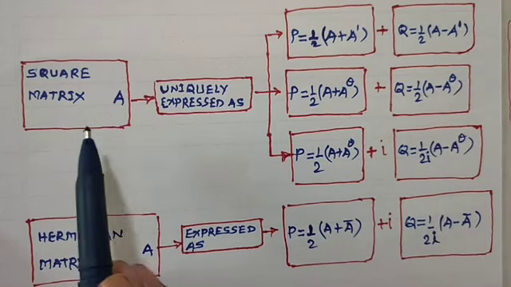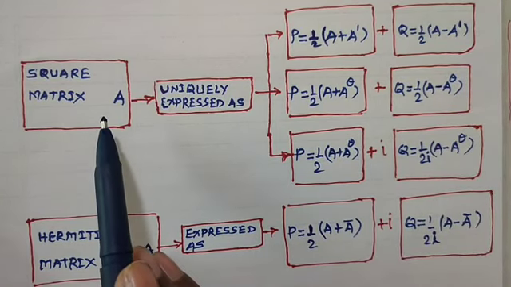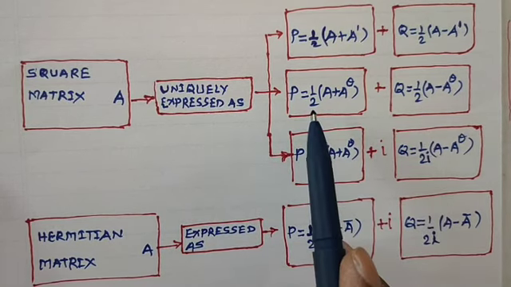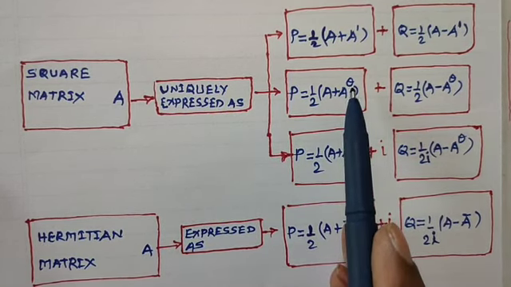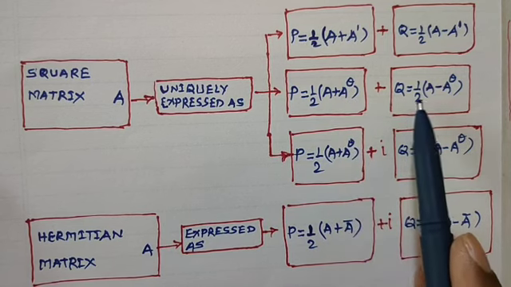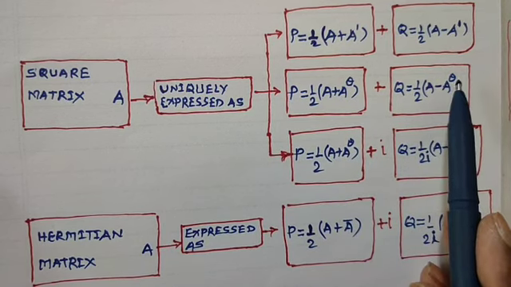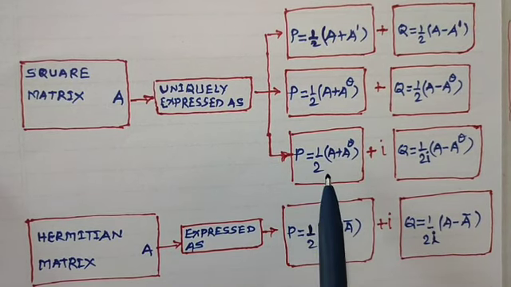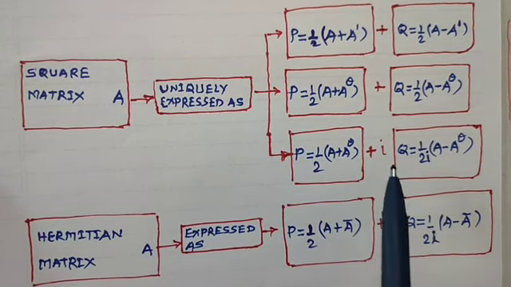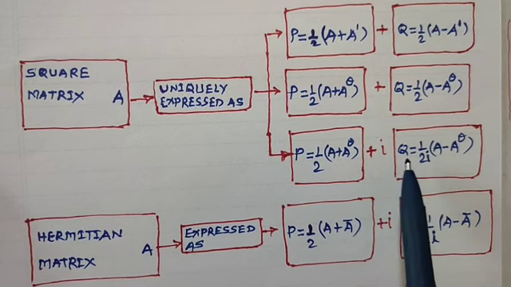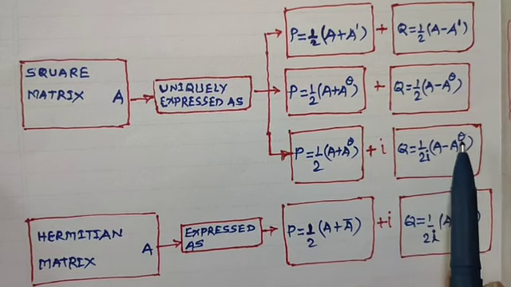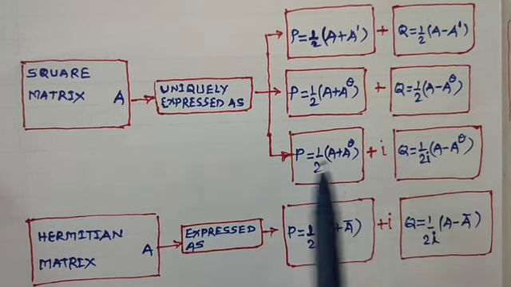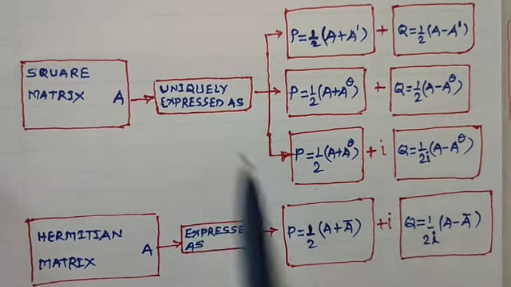Again, every square matrix A can be uniquely expressed as P plus Q, where P is half of A plus the conjugate transpose of A and Q will be half of A minus the conjugate transpose of A. And third, P is equal to half of A plus A theta, plus I into Q, where Q is 1 upon 2I times A minus A theta. Remember these three forms. These three forms are uniquely expressed.